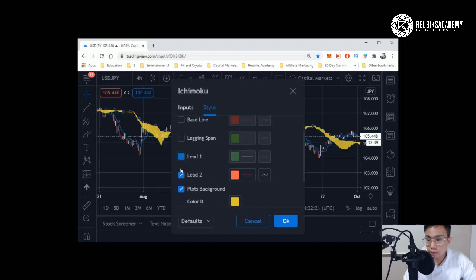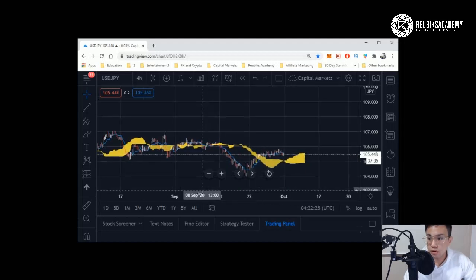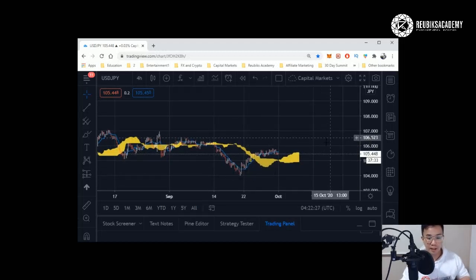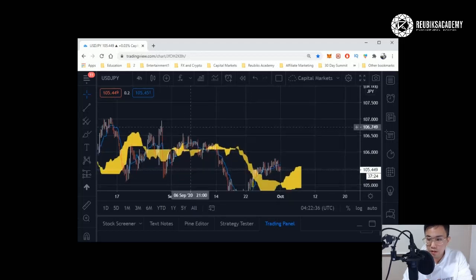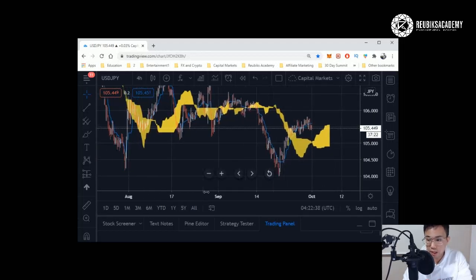Let me hide this one and this one. So I'm going to focus on the blue line and the shaded area. Now this makes things a lot simpler. So how do we enter based on just these 2 things, the cloud and the blue line?